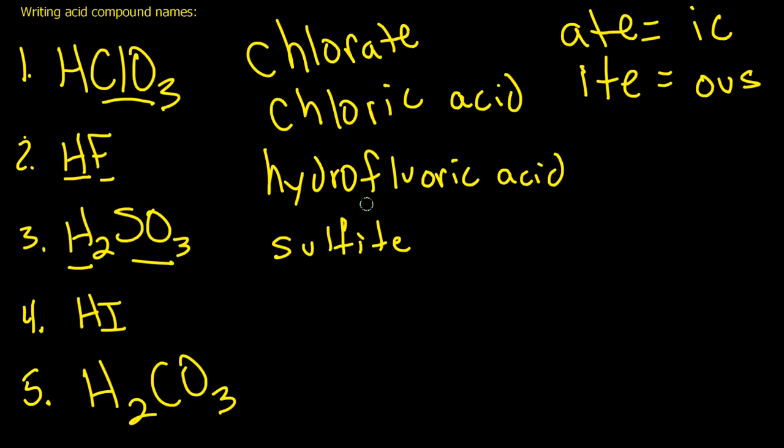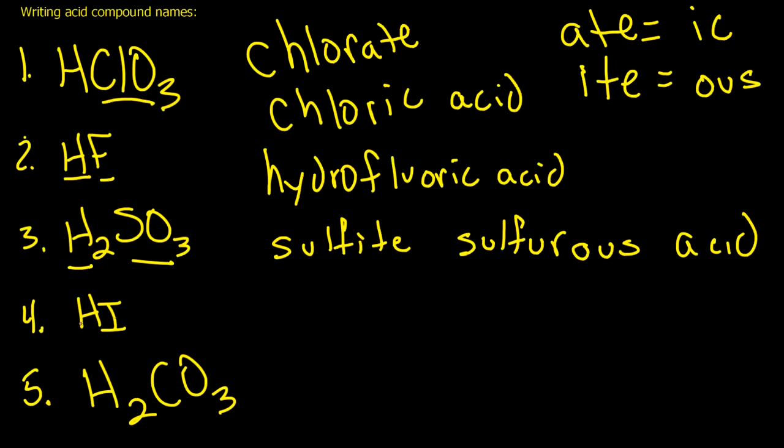So what I'm going to do is I'm going to take off the ite. I'm going to add back its ur because sulfur is an exception in this case. You don't just straight change it to us. So I'm going to add back its ur. Then I'm going to put the ous for the ite. So H2SO3 is sulfurous acid.